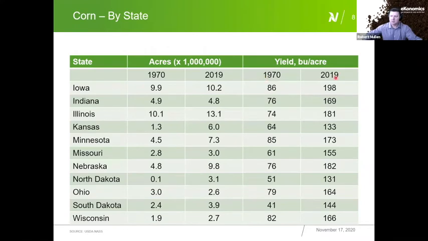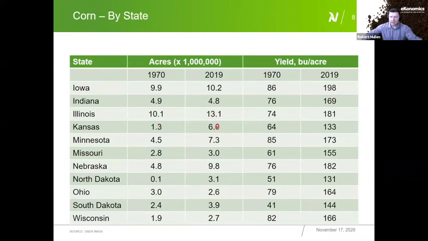Just to illustrate some of these, and for those of you who live in these states, you recognize this. Maybe for someone in Ohio that doesn't have a lot of knowledge of what goes on in North Dakota, South Dakota, some of these areas that haven't traditionally had a large amount of acres of corn. Iowa's stayed pretty consistent. Indiana's pretty consistent. Illinois, believe it or not, has actually grown 3 million acres since 1970.